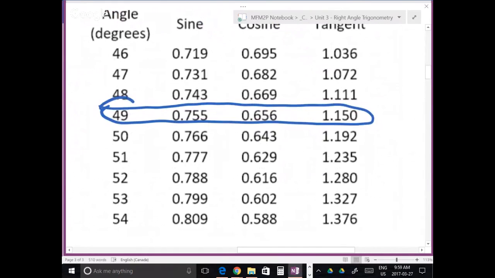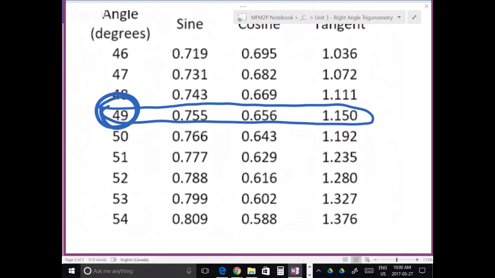We're going to look at an angle of what? Just this one I'm looking at. An angle of 49 degrees will always have a sine of 0.755. So if I tell you an angle is 49 degrees, you could take a protractor and draw that, right?